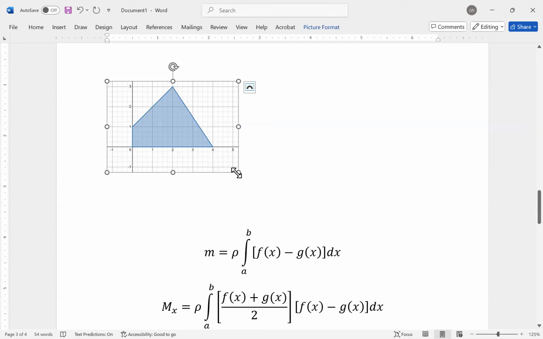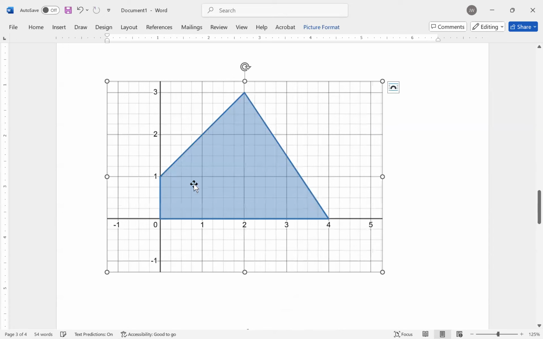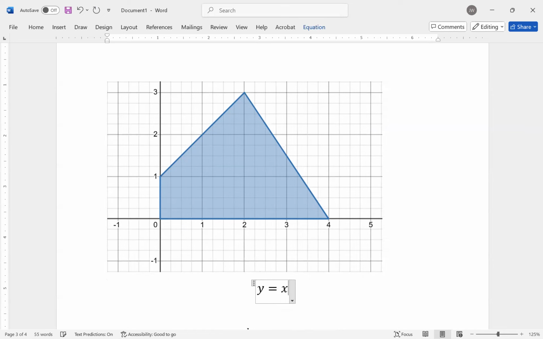Now, for some of you, this may be obvious, but let me stretch this out. This line, since it goes from 0, 1 to 2, 3, has slope of 1, and it goes through 0, 1. So that line is the line y equals 1x plus 1, right? That blue line here. Obviously, the bottom of this region is always the line y equals 0. To the left, we have the line x equals 0.